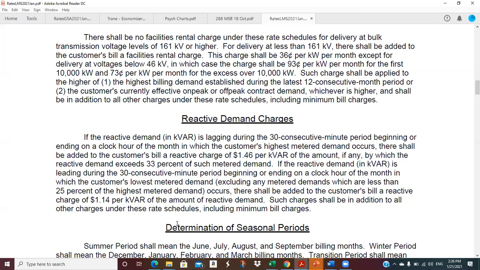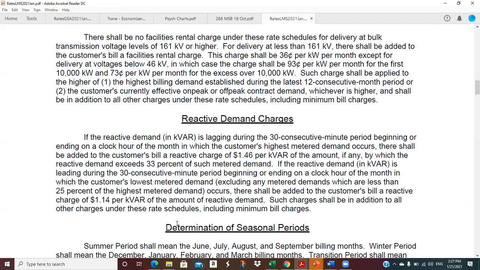So if the reactive demand in kVAR is leading during the 30 consecutive minute period beginning or ending on a clock hour of the month in which the customer's lowest meter demand, excluding any such meter demand which is less than 25%, occurs. God, there are so many little caveats in here. Then, leading helps the utility because 90% of their customers are lagging.